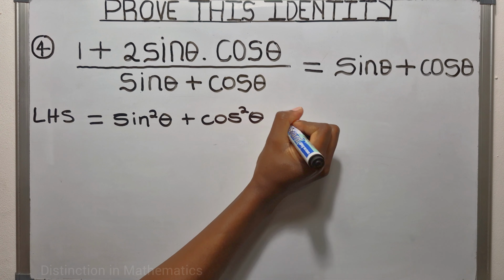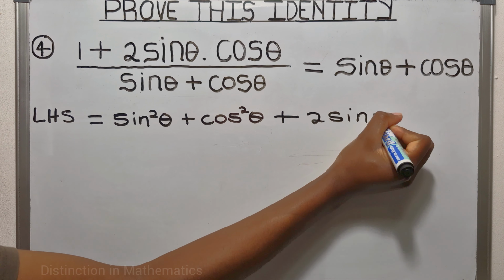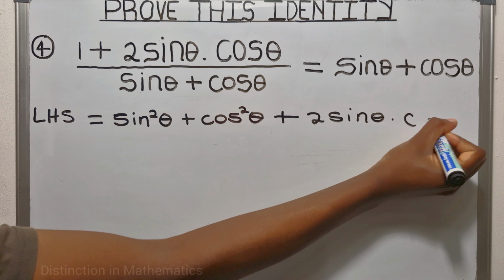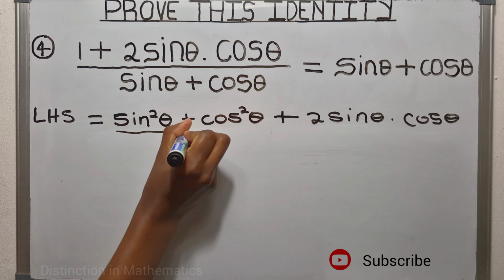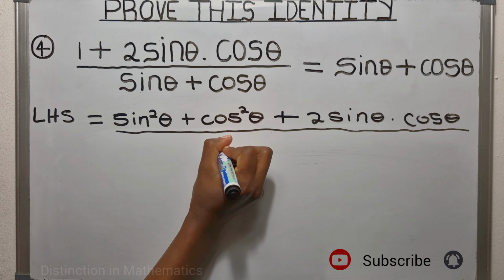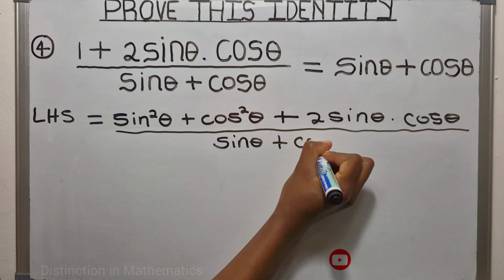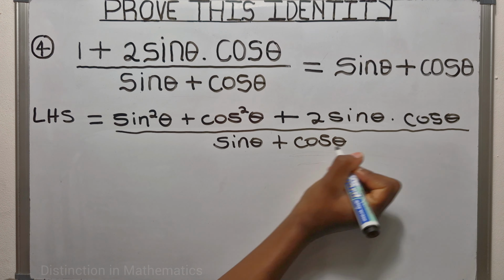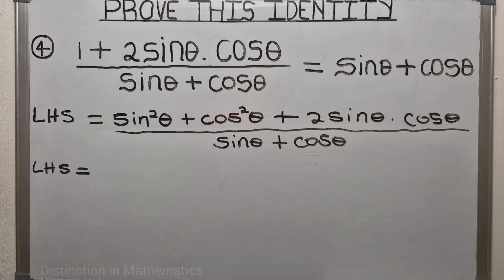We have plus 2 sine theta cos theta over sine theta plus cos theta. Now we can factorize this, but first I want to write it in a way that it is more clear.